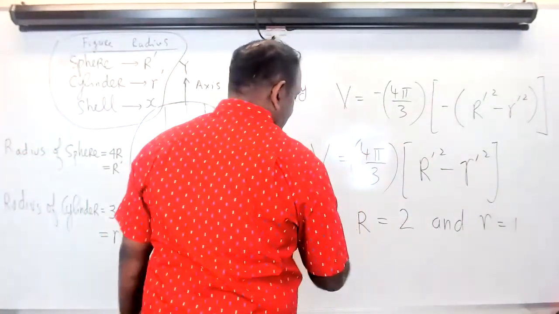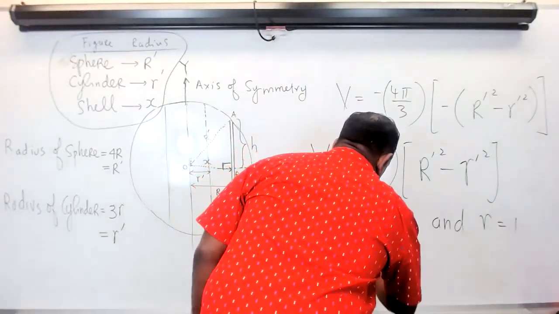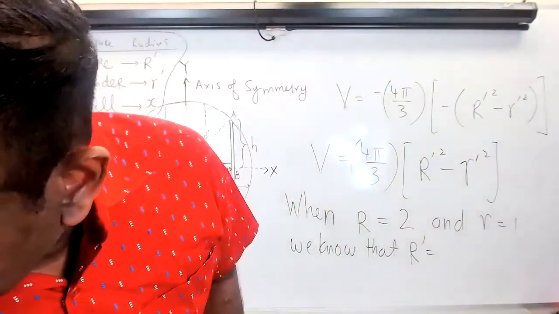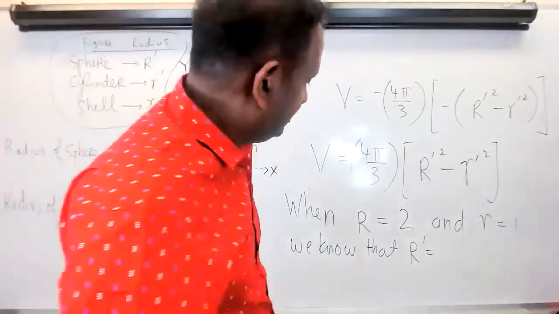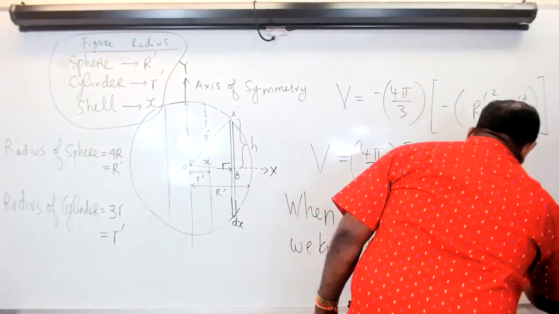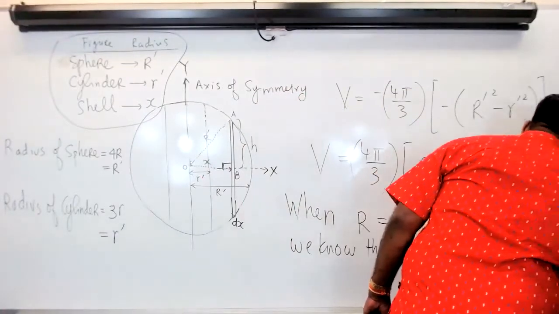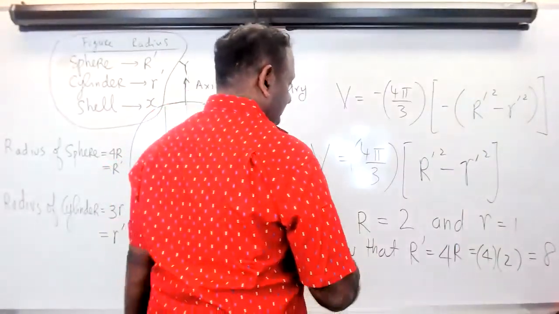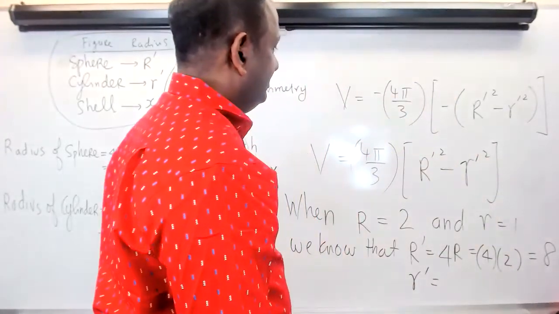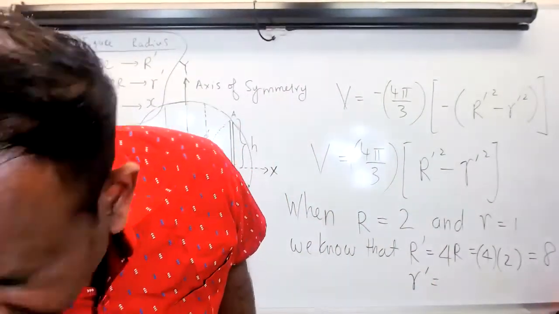Then R prime is nothing but how much? 4R. See, 4 times capital R is 2, which is 8. And small r prime, we are trying to replace capital R prime and small r prime. 3r. Can you remember? 3 small r.